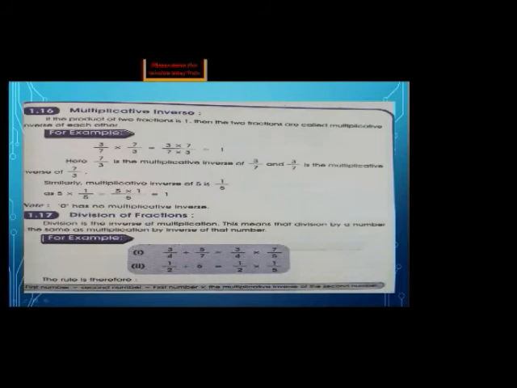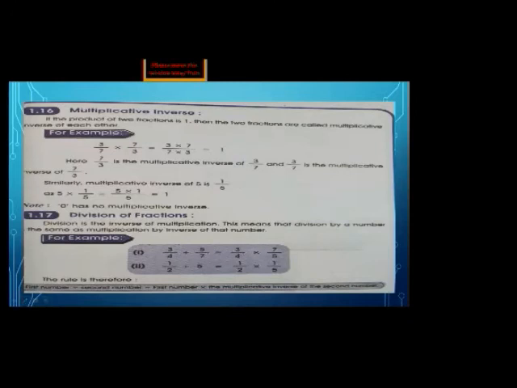Now we'll write 1 upon 5, because we know the inverse of 5 is 1 upon 5. The rule is therefore: first number divided by second number is equal to first number multiplied by the multiplicative inverse of the second number. These two examples give us a rule.